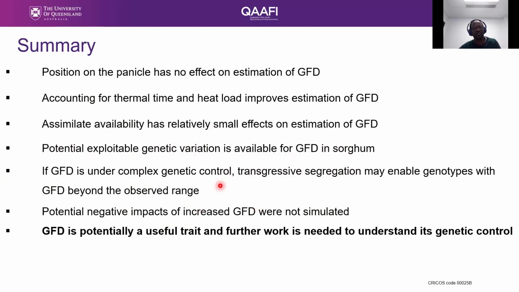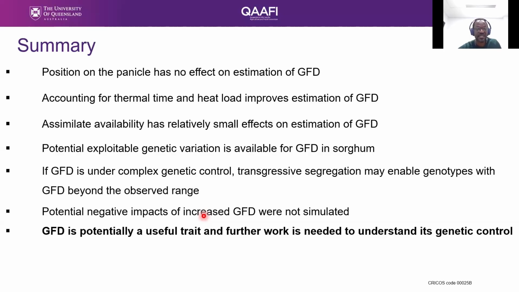And what we are seeing in this study, as much as we found that grain filling duration has the potential to increase yield, there are some other considerations that we've not looked at. For example, if we increase the yield through grain filling duration, what are the other negative things that will come with it? For example, if we increase yield, sorghum will tend to lodge, and we did not simulate any potential negative effects of increasing yield and getting lodging.